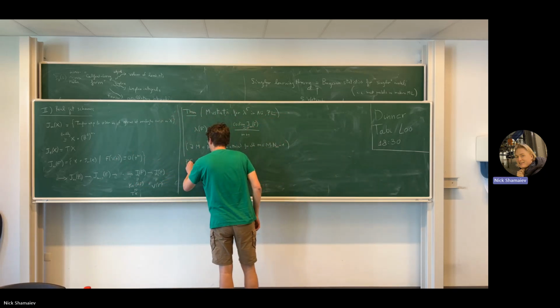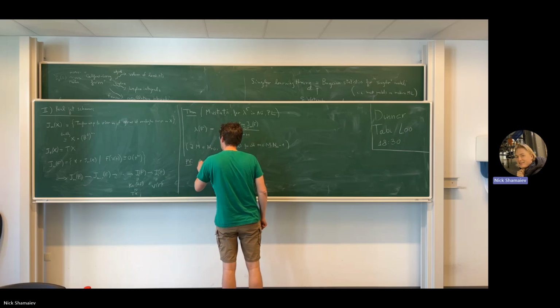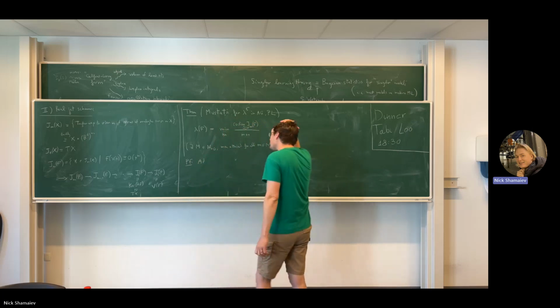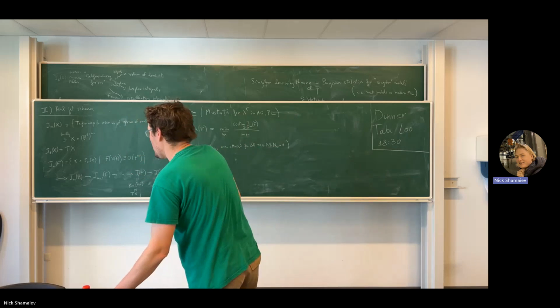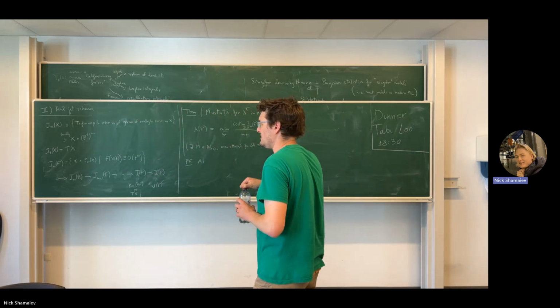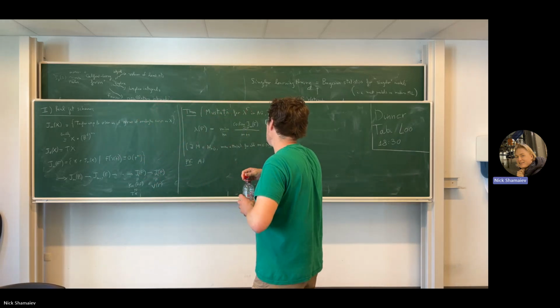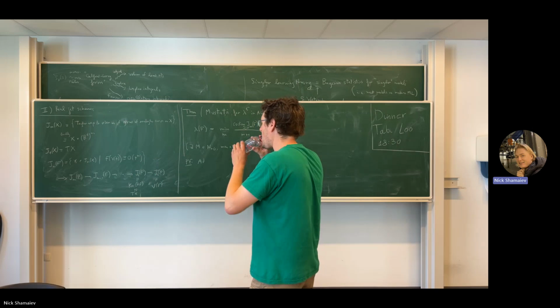So I'll just say a word about the proof. The original proof of Mustață uses motivic integration and the Hodge zeta function.